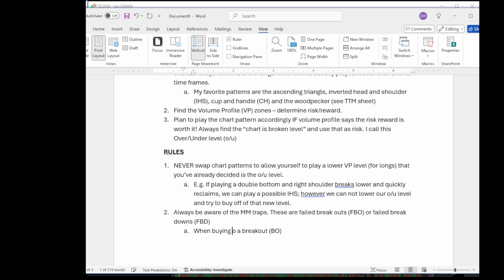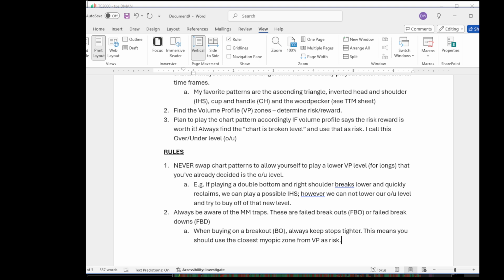When buying on a breakout, always keep stops tighter. This means you should use the closest myopic zone from VP as risk.